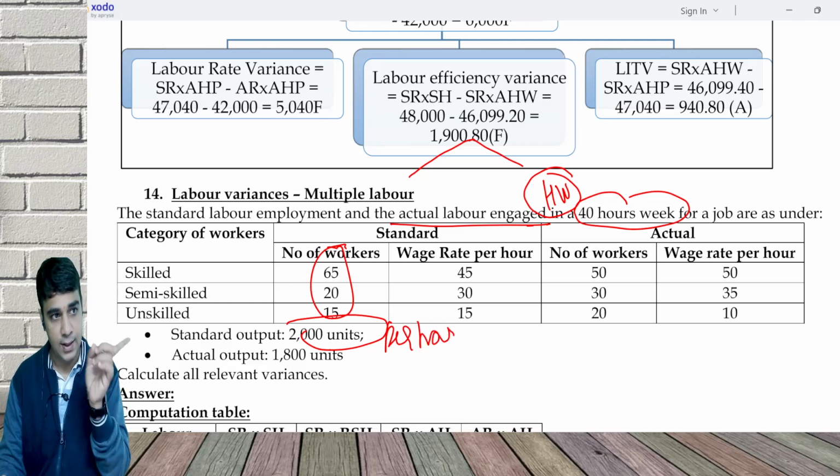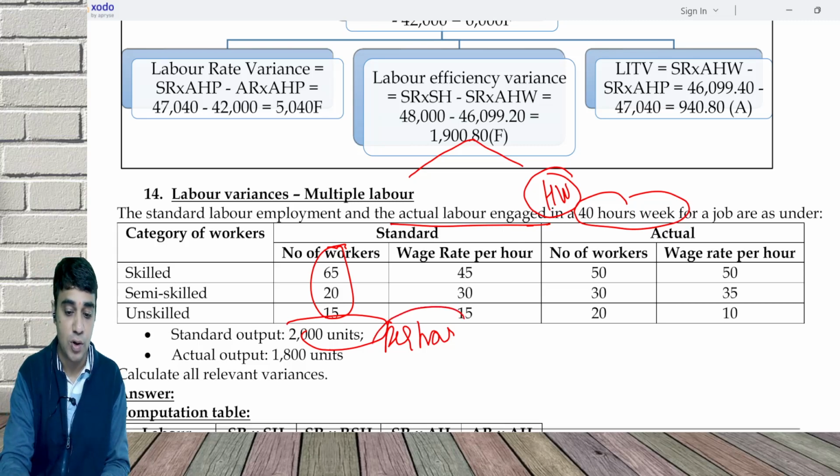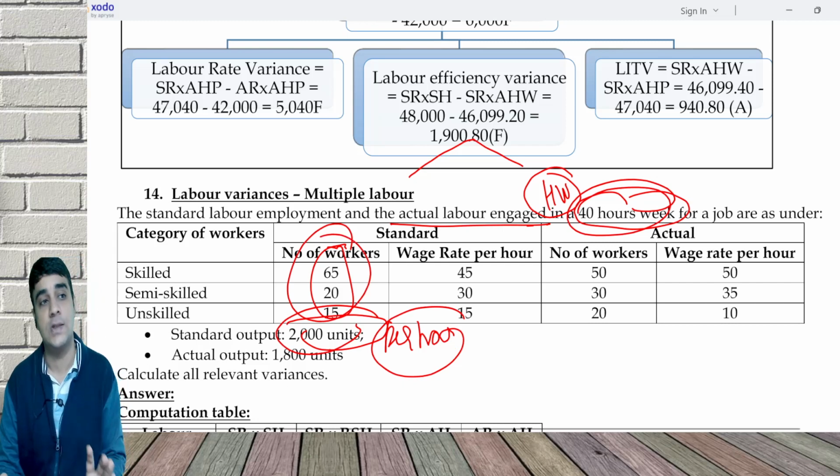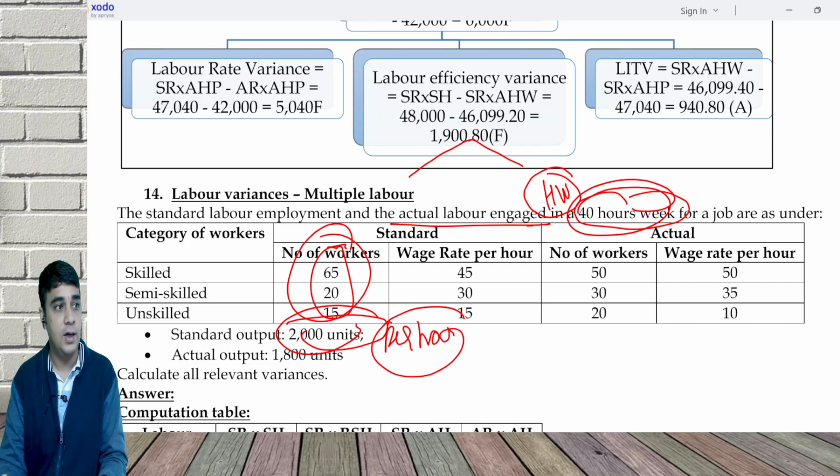Last question said 7 units per hour. Before that it said 25 units per hour. It just said 2000 units. This 2000 units is not per hour. It is per 40 hours. And 40 hours into 100 people is 4000 hours.